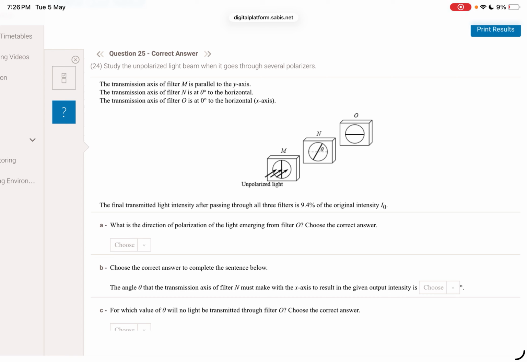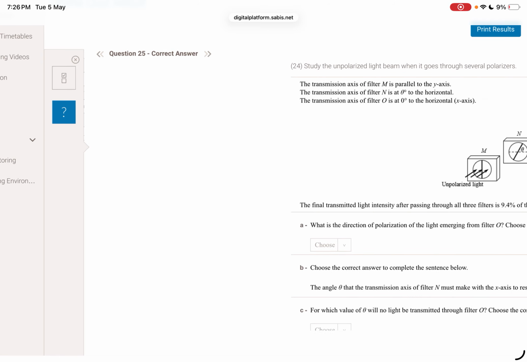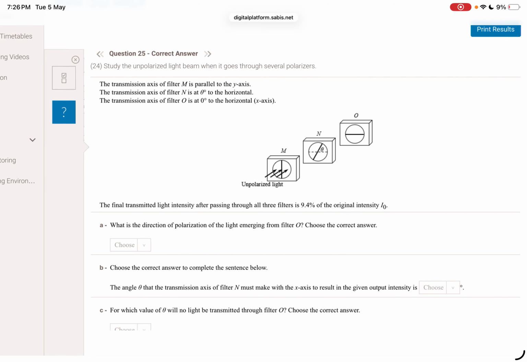So part A, the direction of the polarization after filter O. Here it will be the horizontal polarization, because the light emerging from O is polarized horizontally. So I think it is horizontal polarization. Part B said find the angle that gives 9.4%. So you do I is equal to half of I0, the initial intensity. Then I think cosine squared of 90 degrees minus theta.